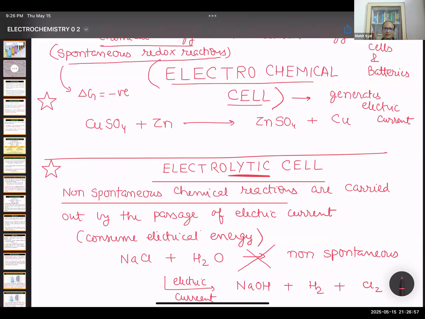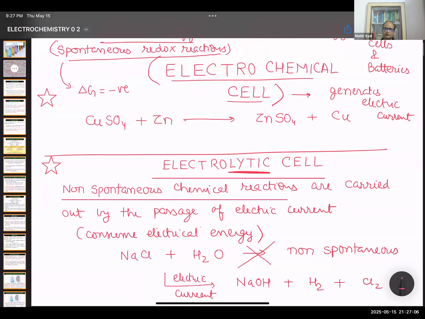It is electrochemical when it is discharging, and when it is charging, it becomes an electrolytic cell. Is it clear? So this chapter is divided into two different parts.